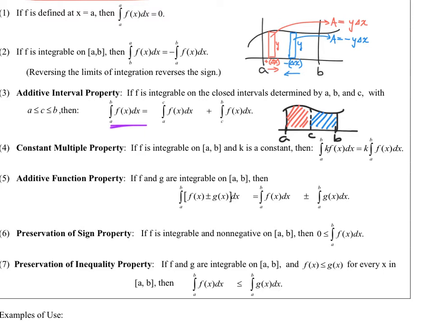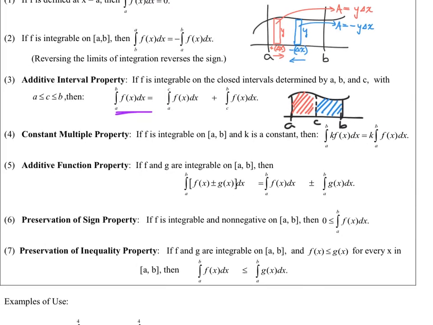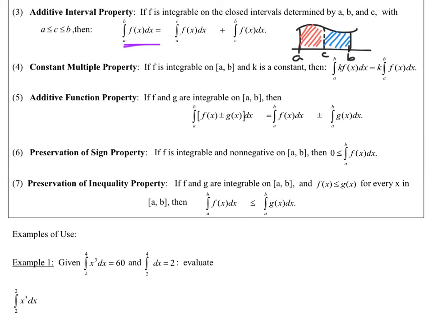If it's on the x-axis, it has no height, so you would expect it to have no area. If it's below the x-axis, then you would expect it to have a negative area. So it's allowing for areas to be negative.